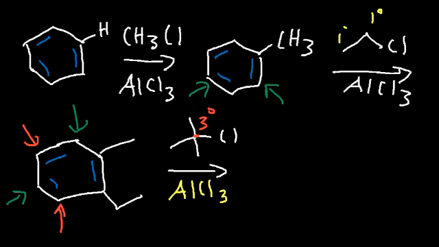But because it's so bulky, it doesn't really want to go next to the methyl or the ethyl group. So we're going to take away these two positions, and we'll just pick one. Let's just pick this side, because we can get a mixture at this point. So what we now have is something that looks like this. There's our tert-butyl group. Here's our methyl and our ethyl group.